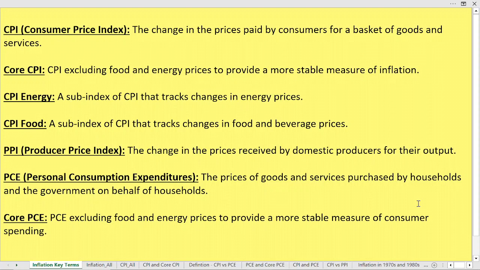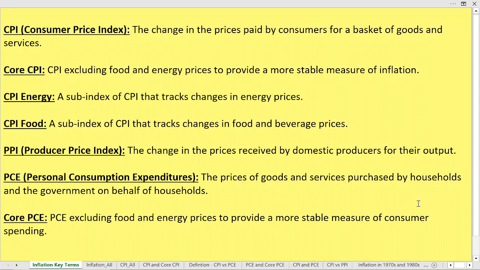So when we take food and energy out of the CPI, we have core CPI. Within the CPI, we can measure those volatile components separately. We take a look at CPI energy, which is a sub-index that tracks energy prices. We have CPI food, which tracks the change in food and beverage prices.